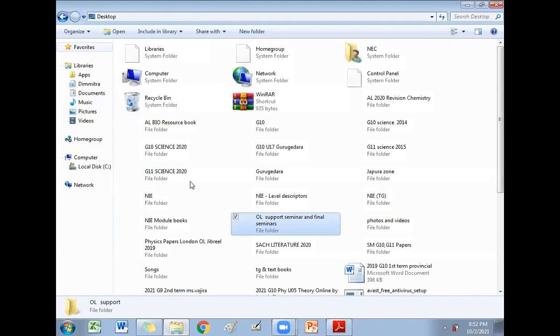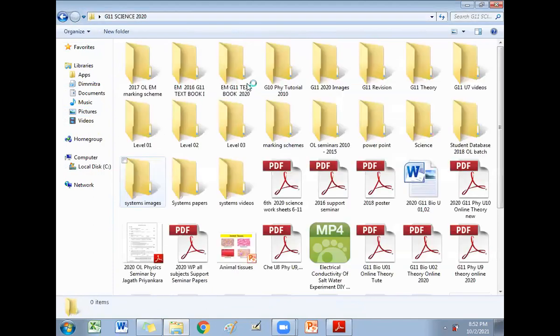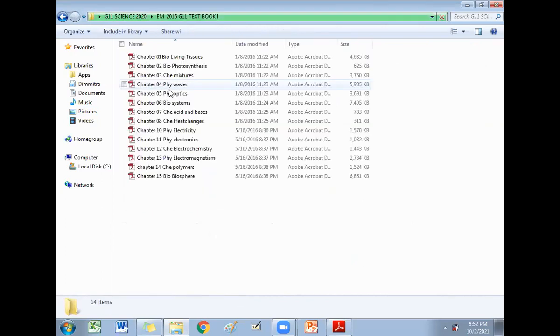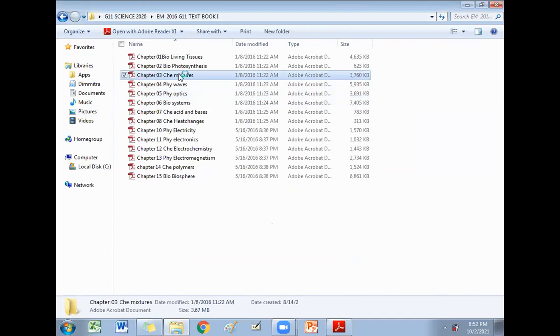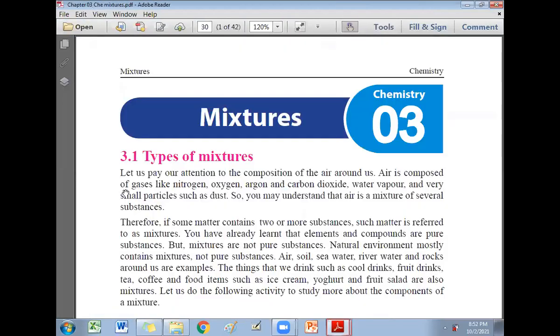This is the grade 11 science textbook, English medium textbook, chapter 3, mixtures. I'll show you the page, then you will understand what it is.